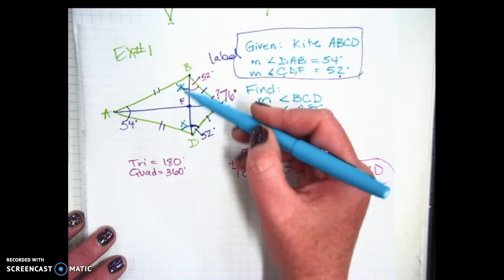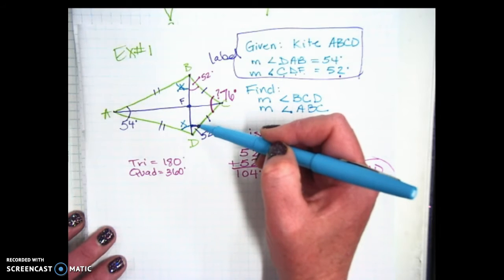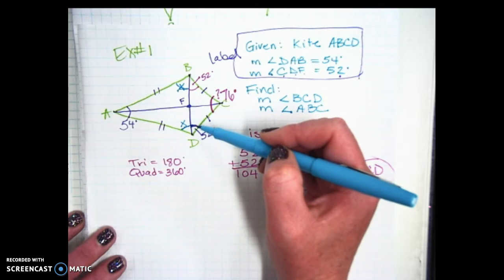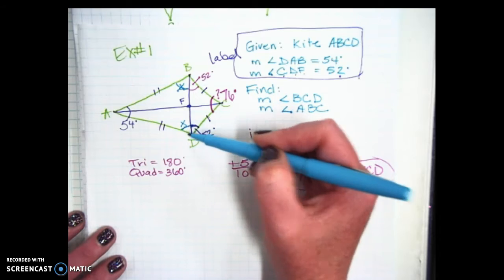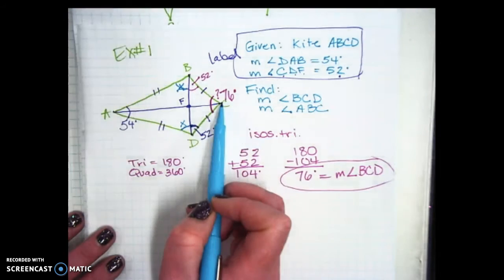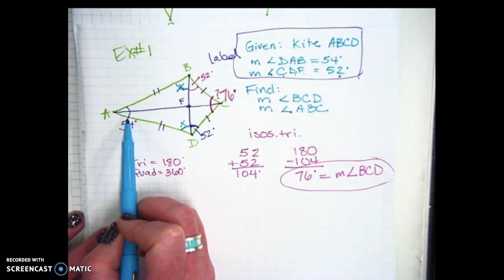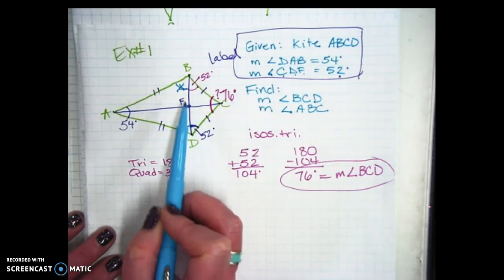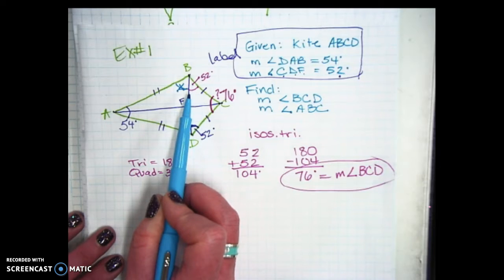You guys see that? If this is 52 and this is 52, if these two opposite angles are congruent, then 52 and 52, X and X. So we know this angle, we know this angle because they gave it to us. We know this one is X plus 52, and we know this one is X plus 52.